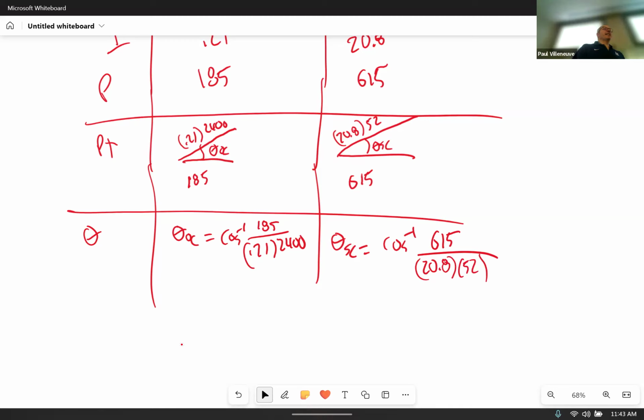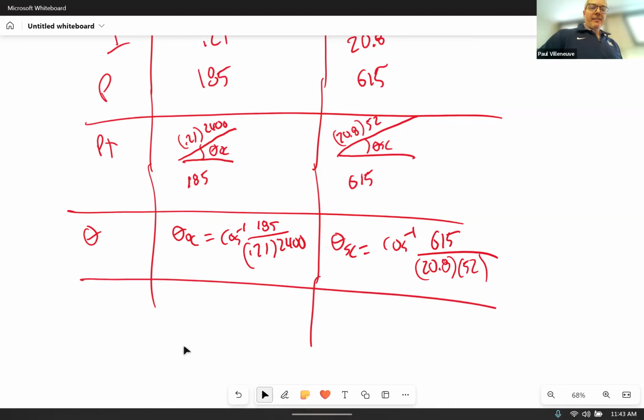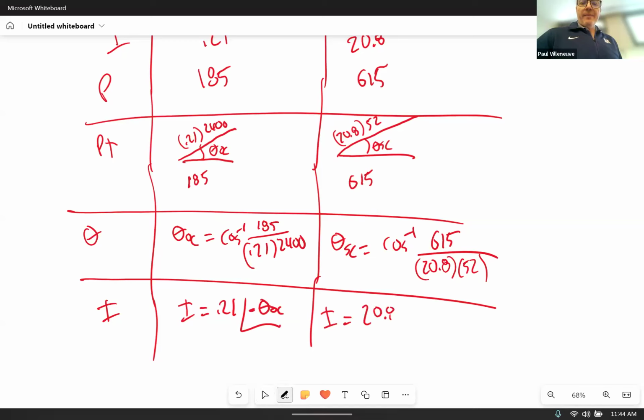Once I have that, now I can build my I. So I is going to be equal to 0.21 at an angle of minus theta open circuit. I is going to be equal to 20.8 at an angle of minus theta short circuit.